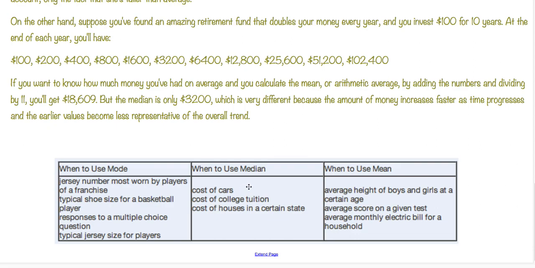When you use the median, you want to find the cost of cars, the cost of college tuition, and the cost of houses in a certain state. And when to use the mean: average height of players, boys and girls, of a certain age, average score on a given test, average monthly electrical bill for a household. That was a mouthful. Okay, so these are good examples of when to use the mode, when to use the median, and when to use the mean.